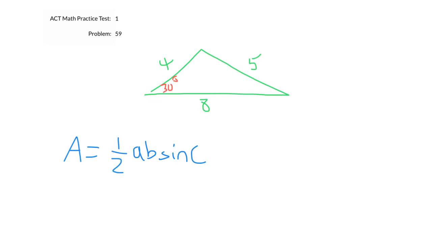What you need to do is realize that they say sine C, which means that some angle measure is going to be involved. So already we're going to treat this uppercase C as 30 degrees because that's the angle measure that they gave us, okay?